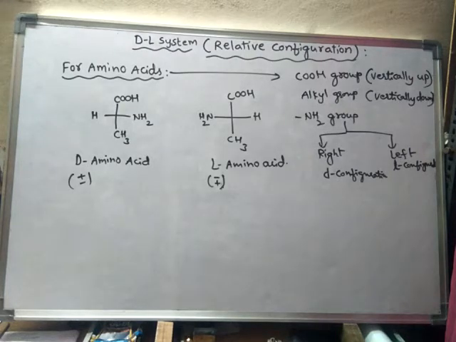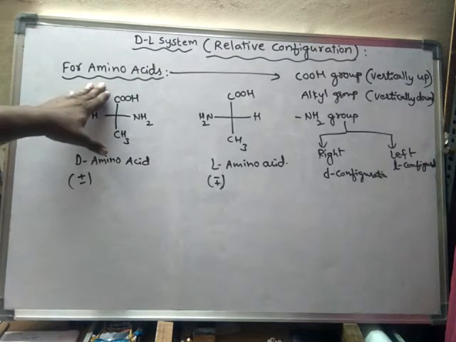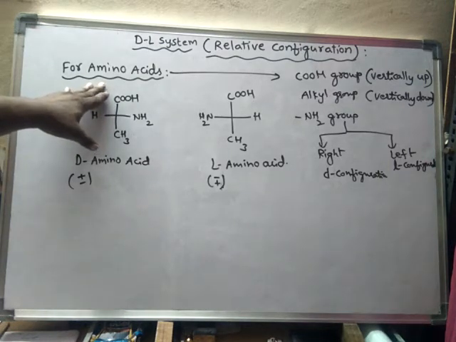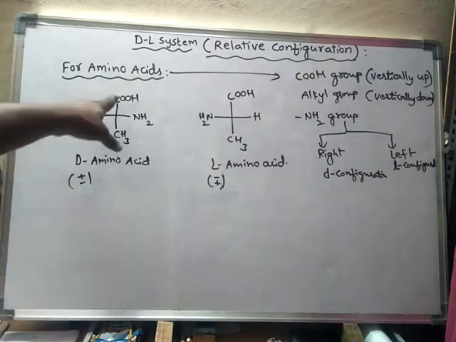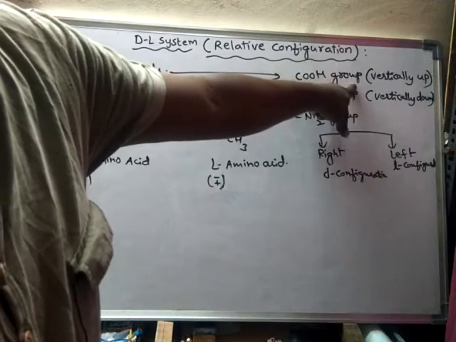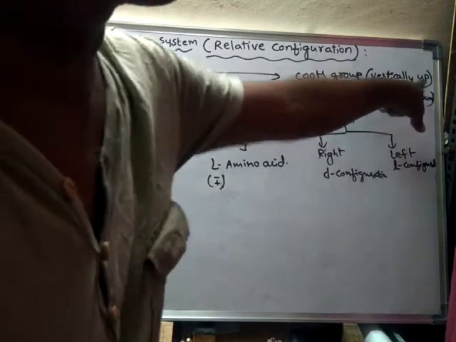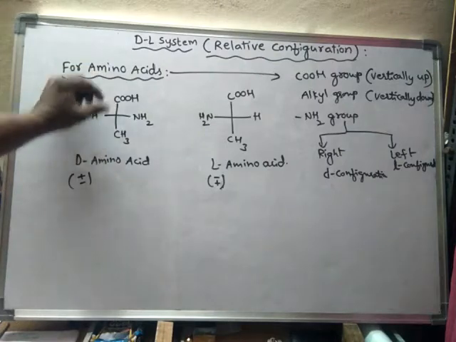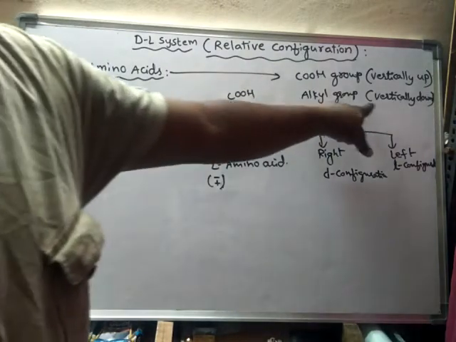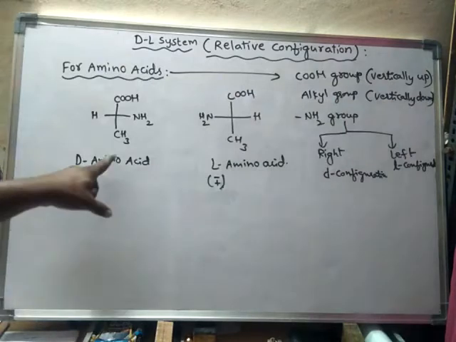See, generally, if you write the Fischer projection of an amino acid, the COOH group will come vertically up, on the top position, and the alkyl group will be vertically down, at the bottom.